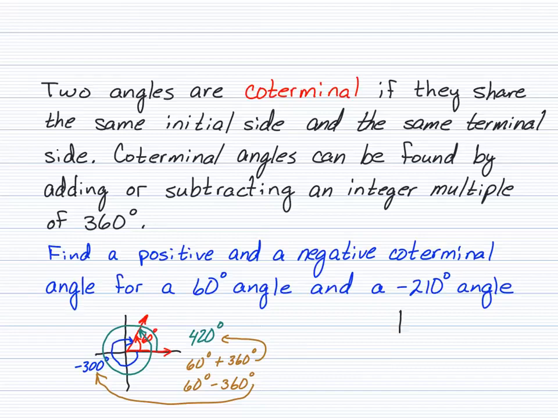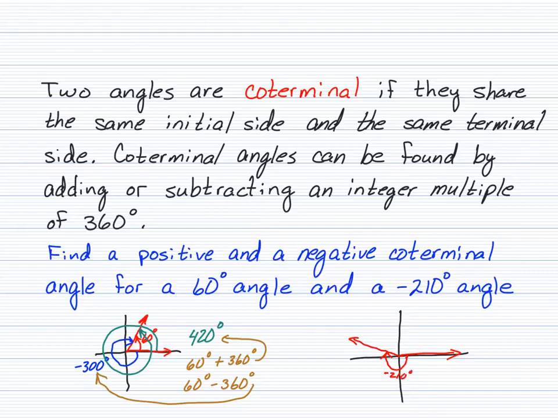All right, so now let's look at the next problem here. Negative 210 means that we are rotating from here going down. That would be our negative direction. Now from here to here is negative 180. So we need to go another 30 degrees this way. So that would put us about right here with negative 210 degrees.